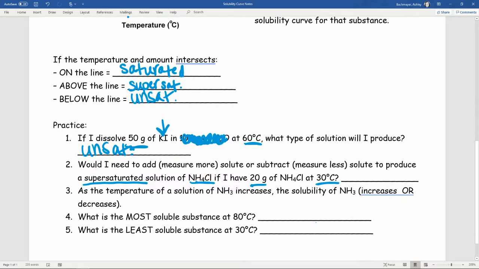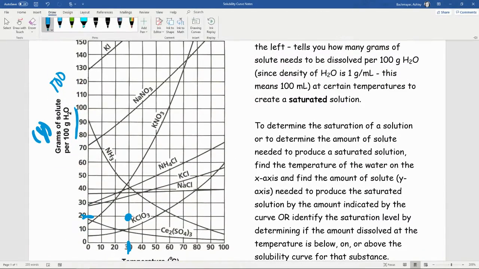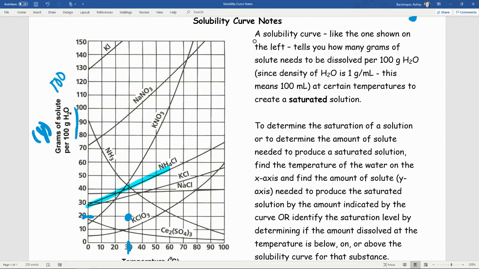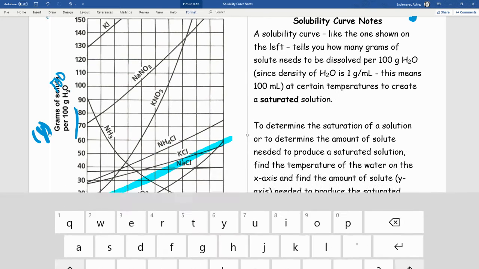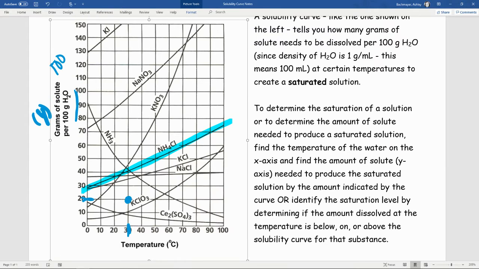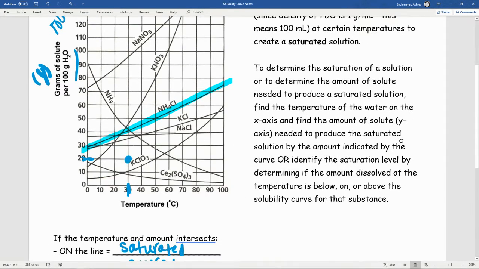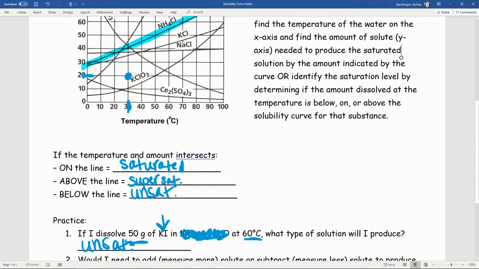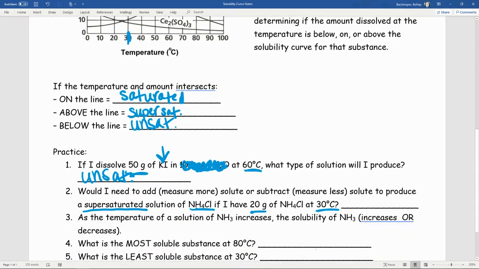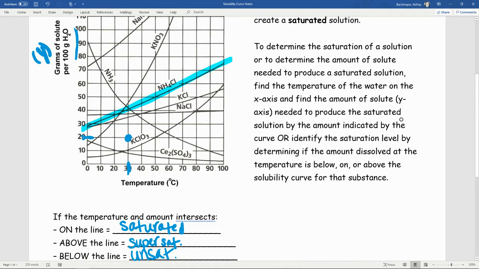I am specifically asking about NH4Cl. So just to help us out, there is our line for NH4Cl. Right now we are below the line, so that means we are currently an unsaturated solution. Because we are unsaturated and we are trying to get to supersaturated, we've got to go past the saturation point.